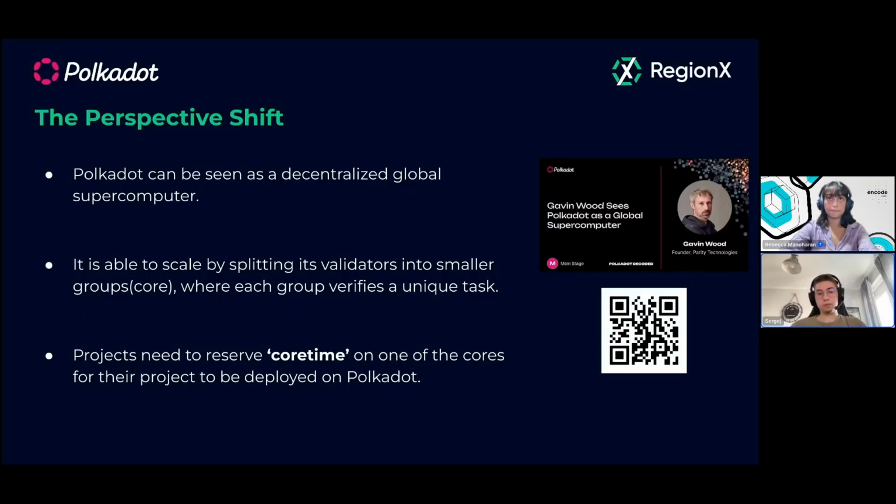So with Polkadot 2.0, we have had this perspective shift. Not sure if you have watched the Polkadot Decoded presentation by Gavin Wood from last year. If not, I highly recommend you watch it. There is a QR code here, but essentially he talks about this perspective shift. Polkadot can be seen as a decentralized global supercomputer.